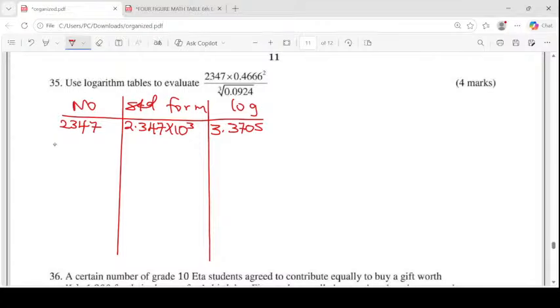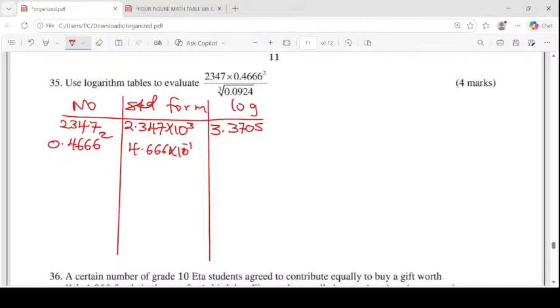The next number we have is 0.4666. Because it is squared, in standard form the number first becomes 4.666 times 10 power negative 1. The power becomes the characteristic.